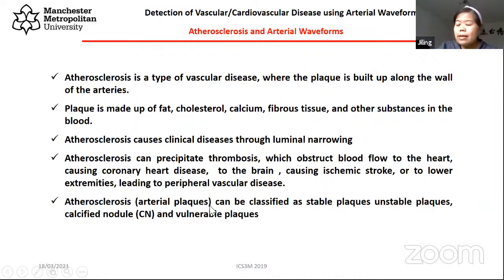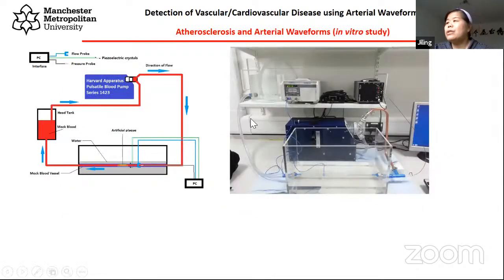So for my project, basically, we are doing this in vitro experimental study, trying to link atherosclerosis and the arterial waveform. So this is an experimental setup in my lab, and this is a schematic diagram for this experiment. You can see it includes a Harvard Apparatus positive displacement blood pump.